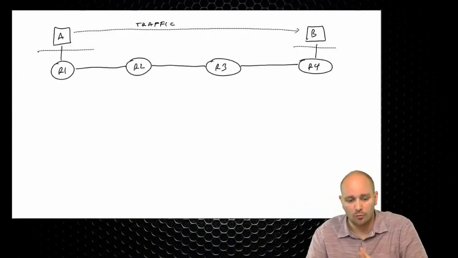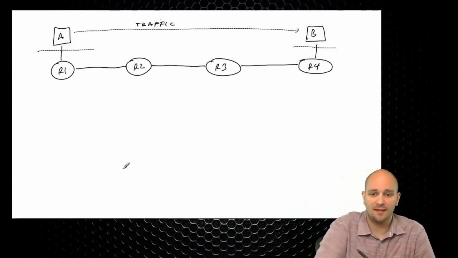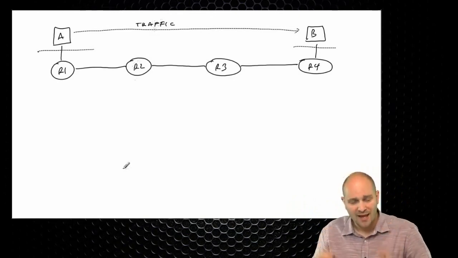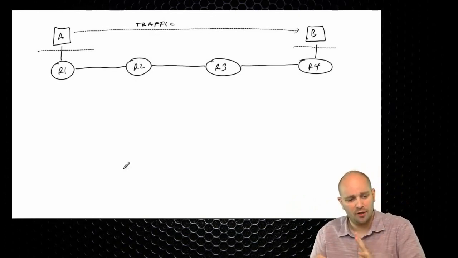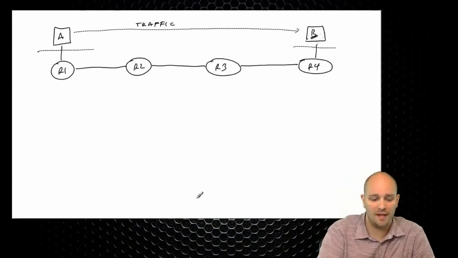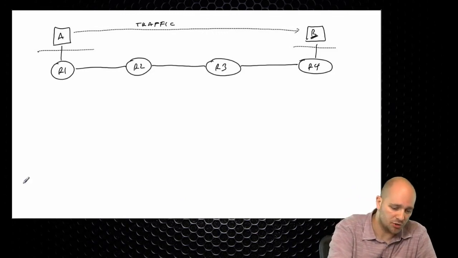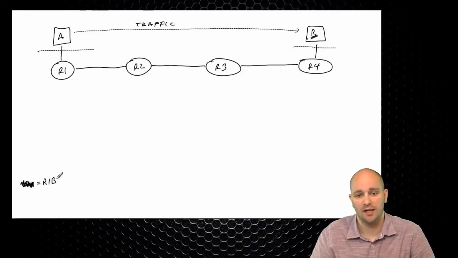But which protocol we are running is irrelevant as long as we all agree that these routers actually have the knowledge of the route. So the only route that I care about is actually the route for B. So let's say that in my example here, the black color is going to represent the information in the routing table.